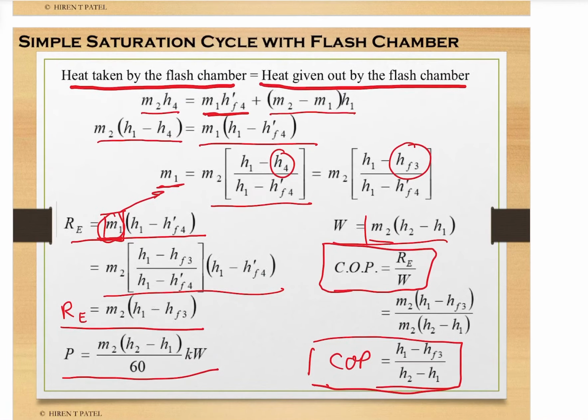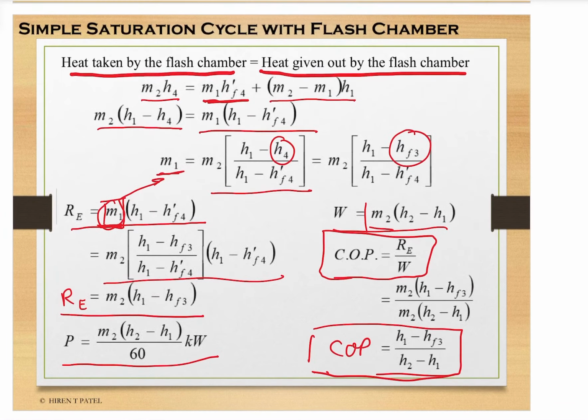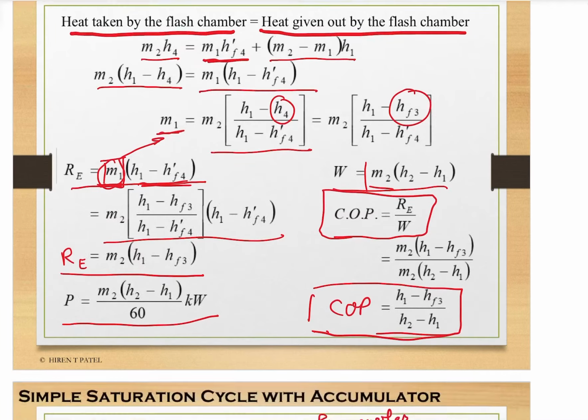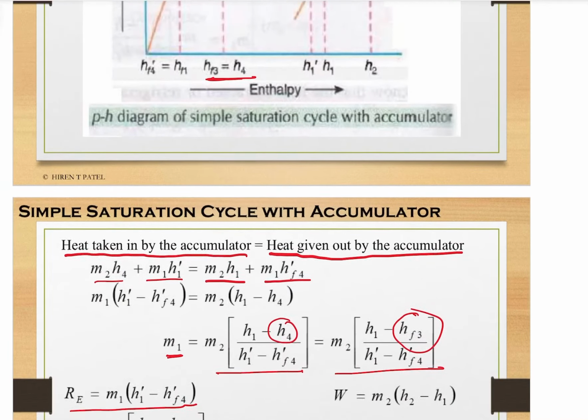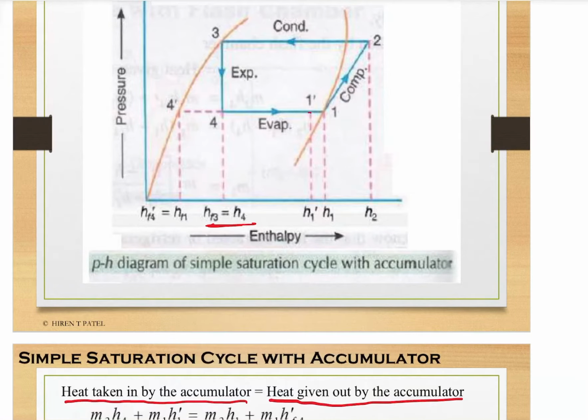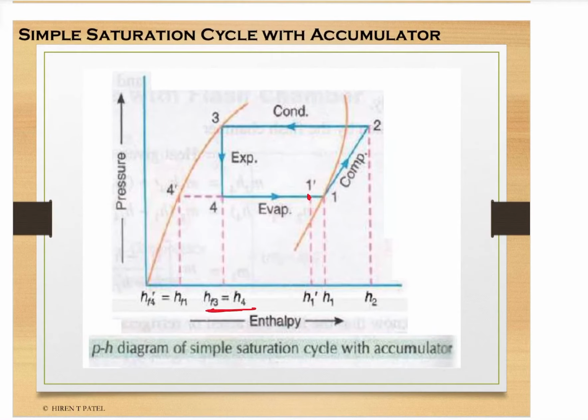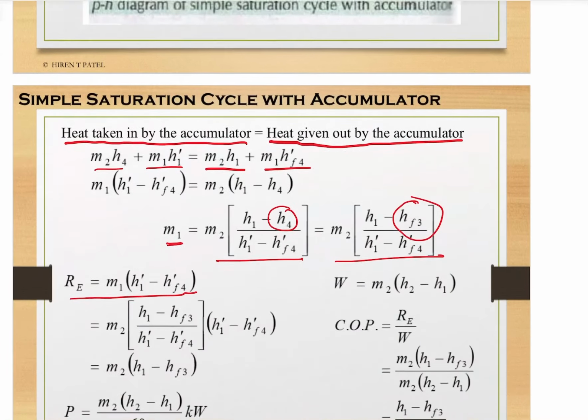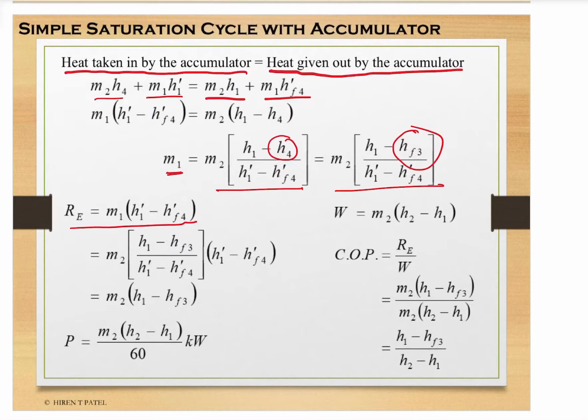So in the refrigerating effect it is h1 minus hf4 dash, but in this case we have h1 dash. So this is the point where the liquid is exiting to the evaporator. So refrigerating effect is m1 times h1 dash minus hf4 dash.